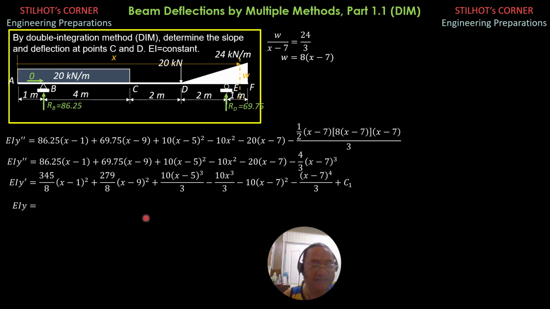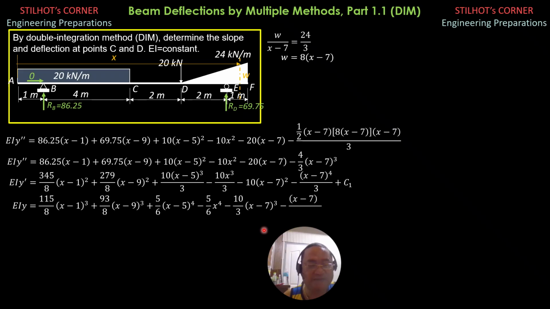Integrating again, EI y equals 115 over 8 quantity x minus 1 cube plus 93 over 8 x minus 9 cube plus 5 over 6 x minus 5 to the fourth minus 5 over 6 x to the fourth minus 10 thirds x minus 7 cube minus x minus 7 to the fifth over 15 plus c sub 1 x plus c sub 2.